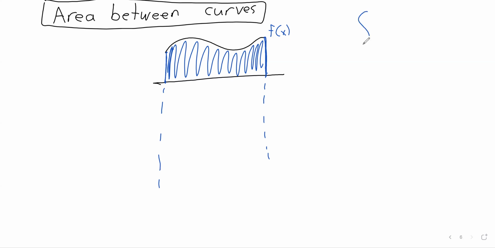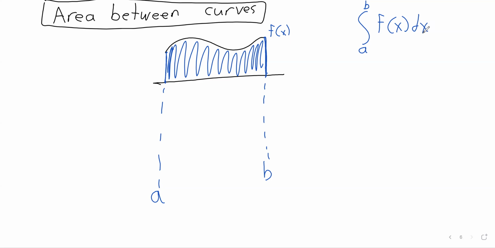We say, well, if this is A and this is B, then this area is the definite integral of f of x. And this is true as long as f of x is positive.